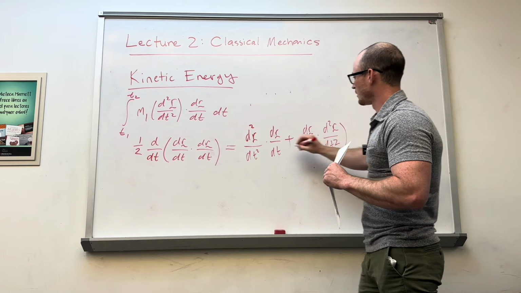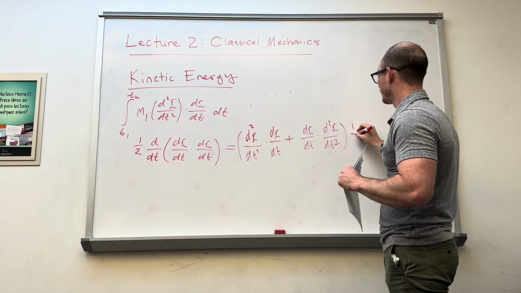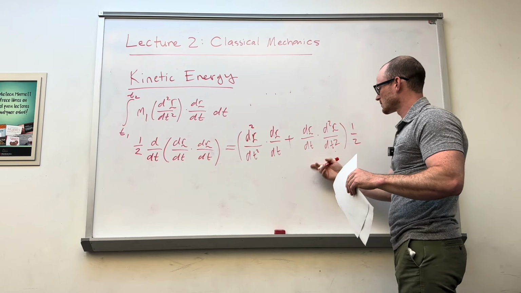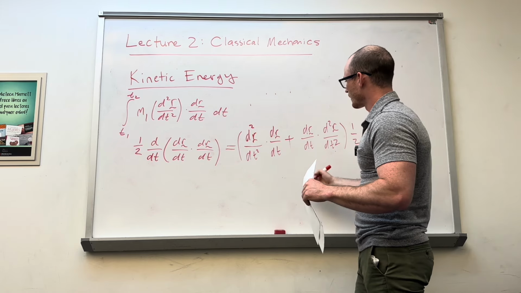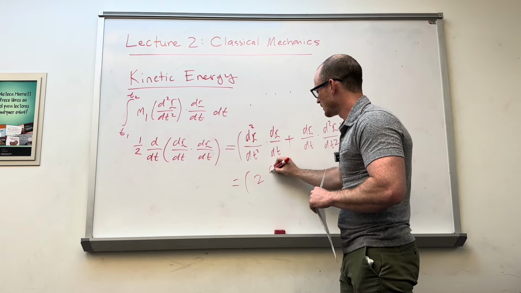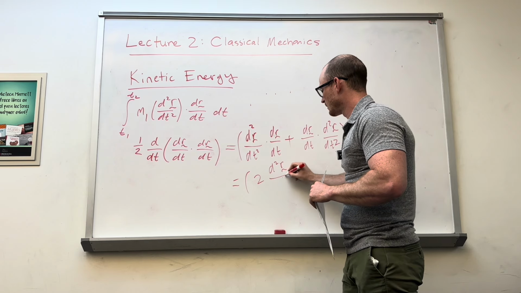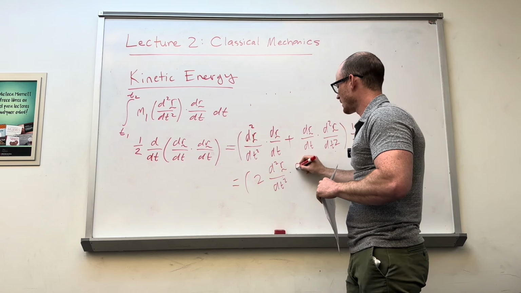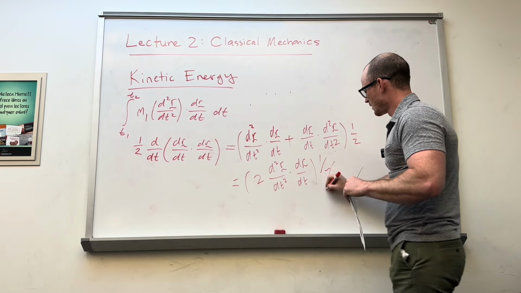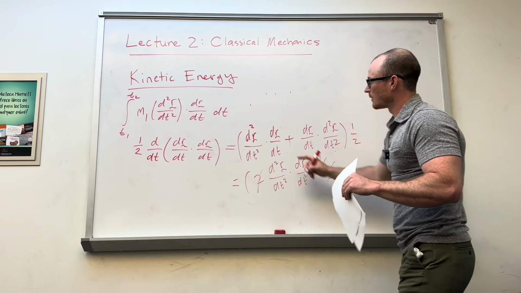And this is all multiplied by 1/2, is what I'm claiming. Now, we can just rearrange these and add them together, and what we find is that inside the brackets, we have 2 d squared r dt squared times dr/dt, times 1/2. The 2's cancel, and we're left with our integrand.